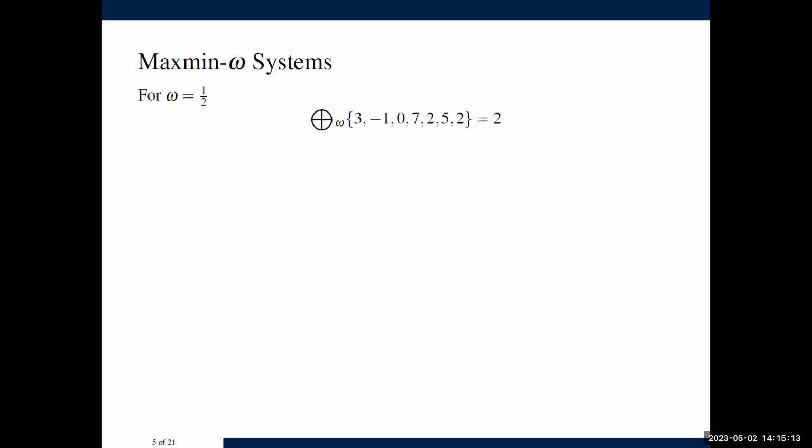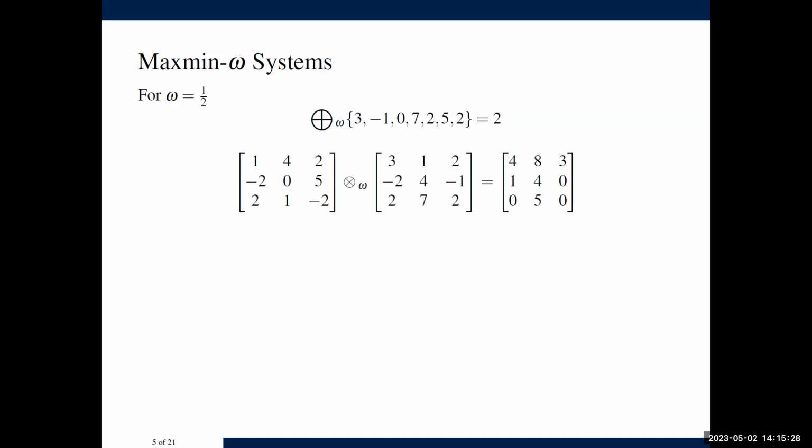So the output of this computation must be the fourth smallest element of this multiset, which is 2. That is a further modification from Ibrahim's thesis. Now we have this multiplication with the same matrix, but obviously a different output because we take the second smallest element.